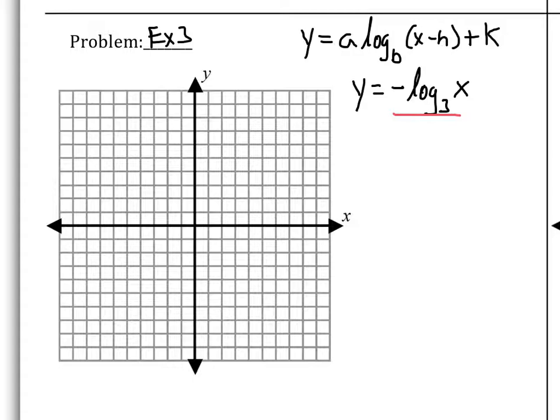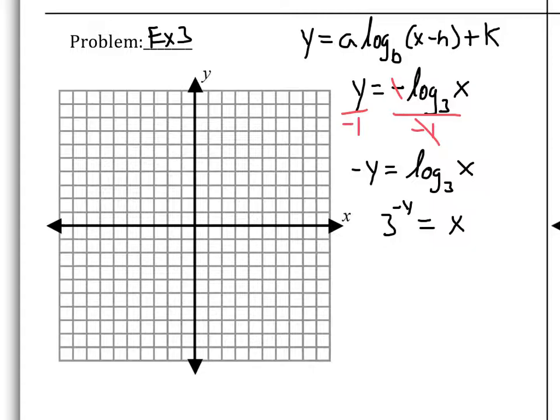So divide it out. So we now have negative y equals log base 3 of x. Now we can go through and rewrite this in exponential form. The base is 3, the exponent is negative y, and that will equal x.